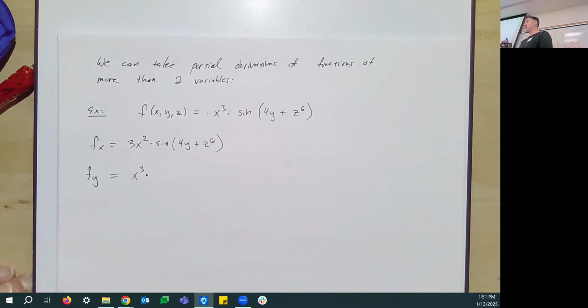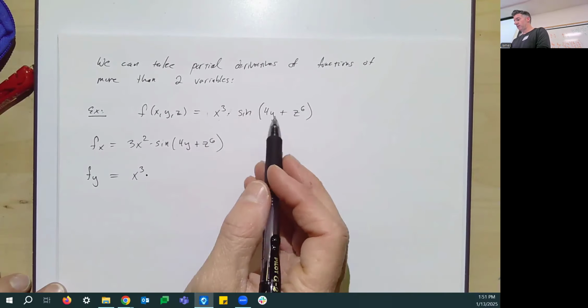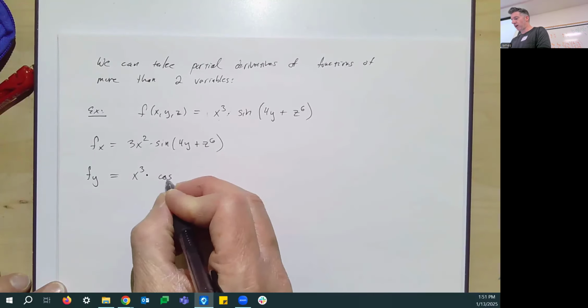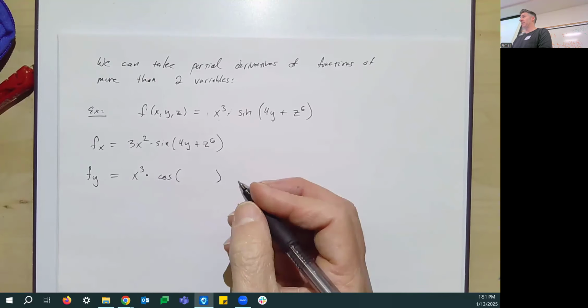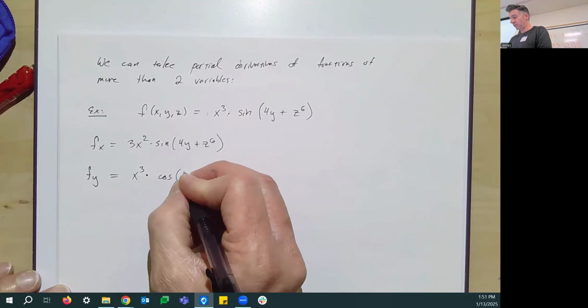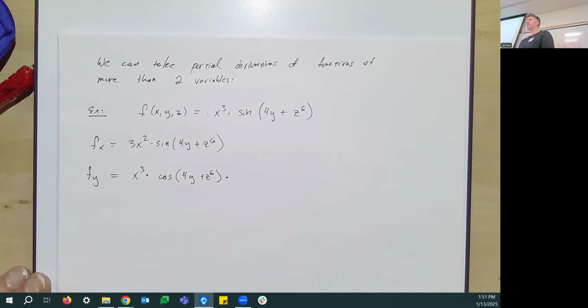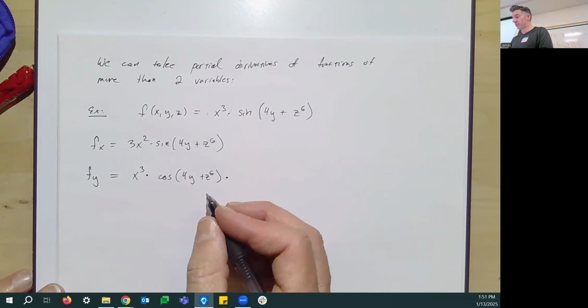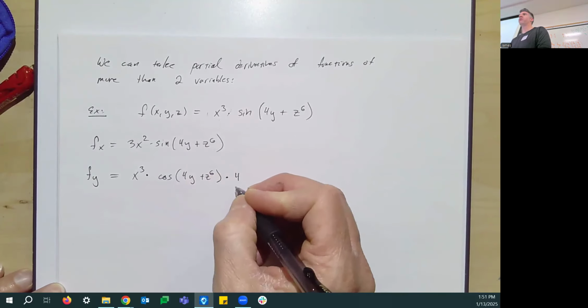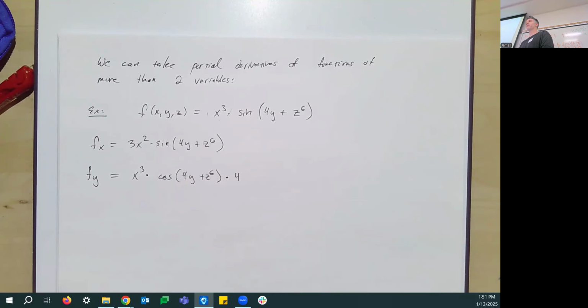When we take the derivative of sine of the stuff, the cosine of that stuff just stays as is. It's going to be cosine of 4y plus z to the 6, but then we're going to multiply by what? Show me on your fingers. What are we going to multiply by? Right, the derivative of 4y plus z to the 6, which is 4 plus 0.